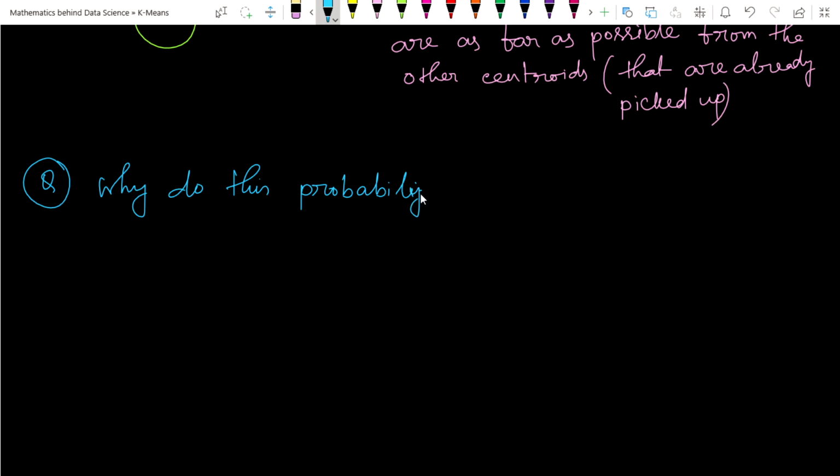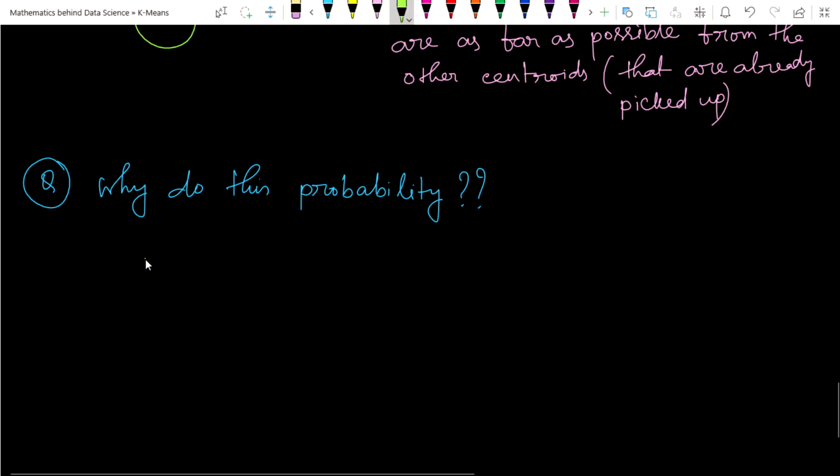Why do we make this probability? We can easily take the point based on the highest distance. Why do we not do that?